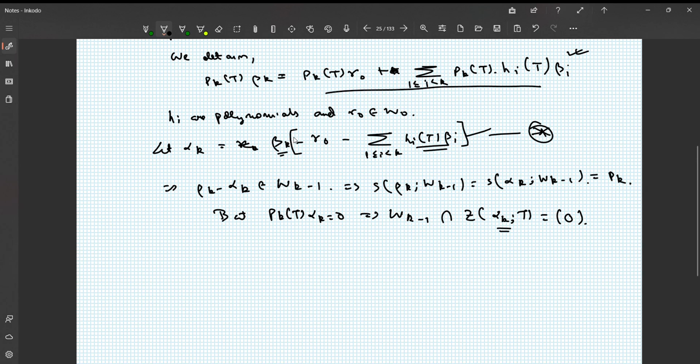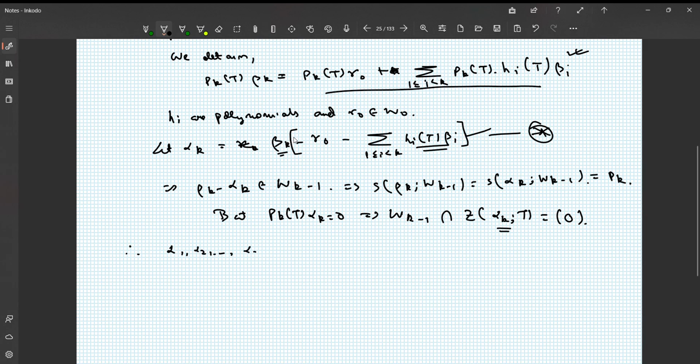Clear? Okay. So that means these alpha k's are the vectors such that V is a direct sum of W naught, which is a property admissible subspace of V, and the T cyclic subspaces generated by each of these alpha k's, k ranging from 1 to r.